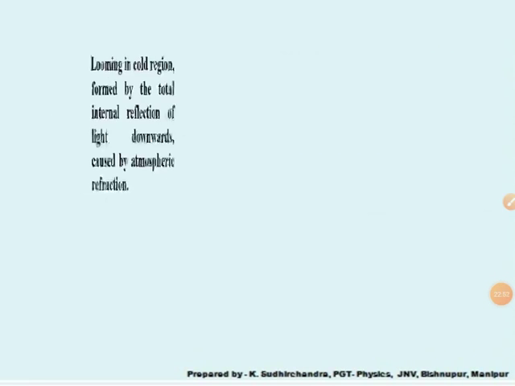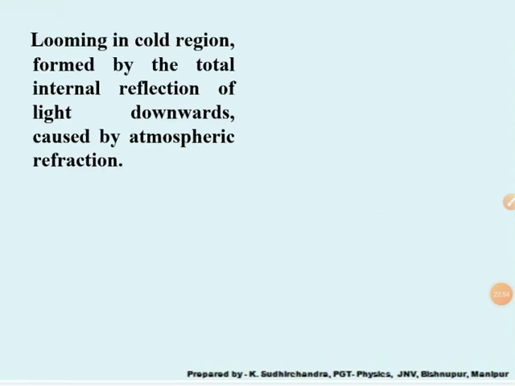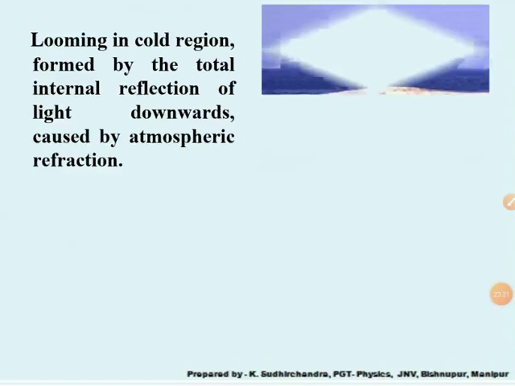We will now see some applications. In the case of the cold region, we call it looming. Looming is an illusion due to the phenomenon of total internal reflection. In a cold region just above the water or sea, a ship floating on the sea may be seen somewhat raised or flying upward.